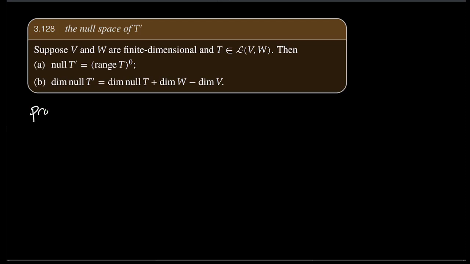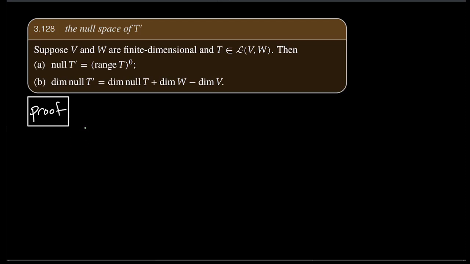Well, we'll prove here, first off, that the null space of the dual of a linear map T is the range of T's annihilator. And then as a pretty immediate consequence, using the fundamental theorem of linear maps, we will get that the dimension of the null space of T's dual is the dimension of the null space of T plus the dimension of W, its codomain, minus the dimension of V, its domain.